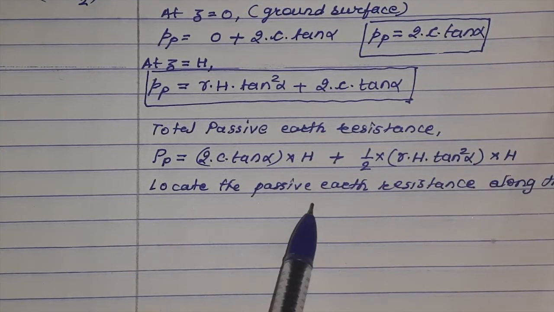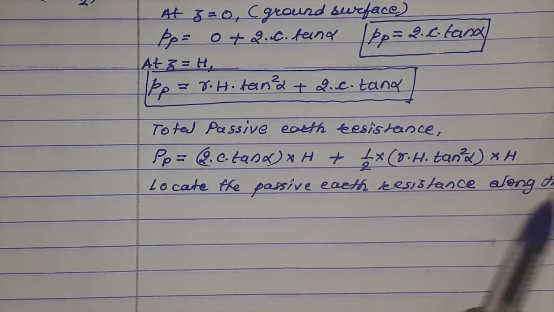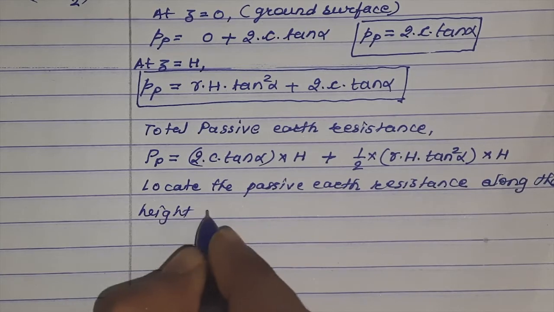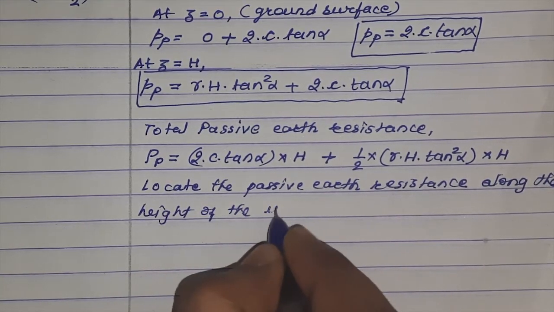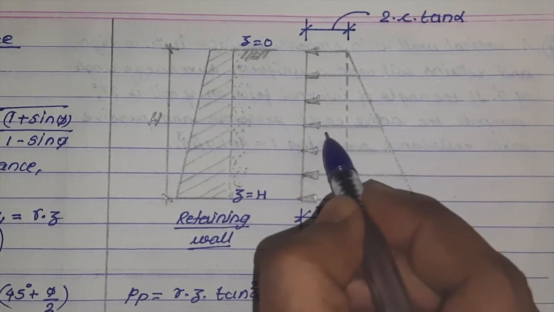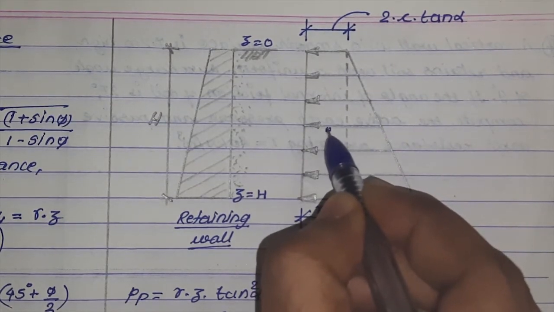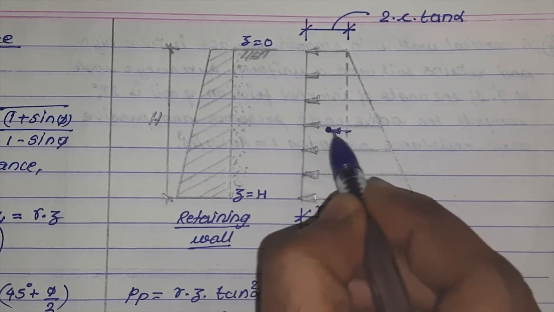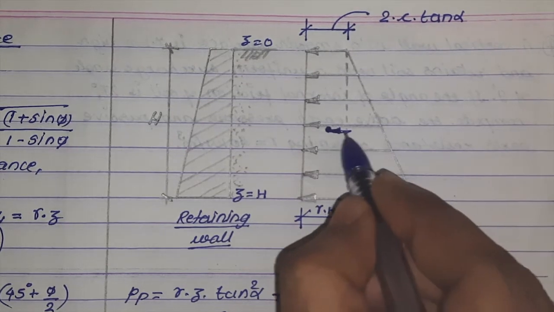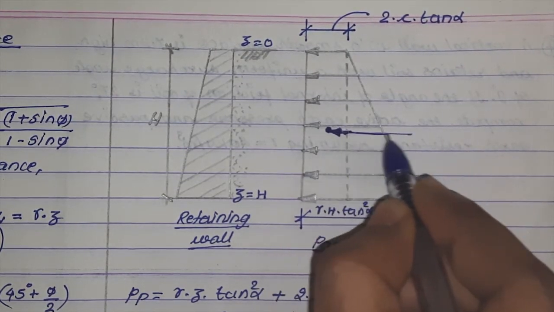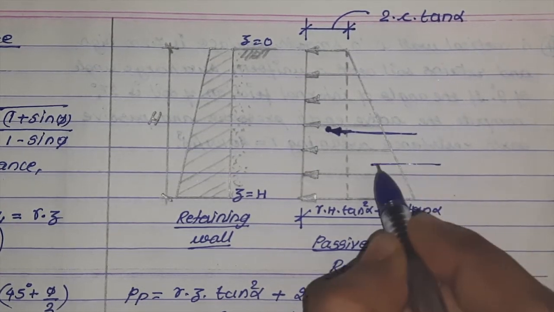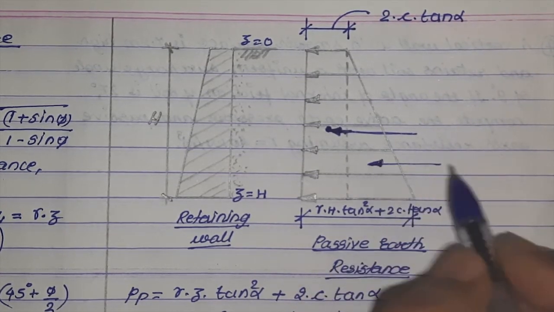Now, locate the point of application of the passive earth resistance along the height of the wall. For this rectangular distribution, the force will be acting somewhere at the center. This is for the rectangular portion, and for the triangular portion it will be acting somewhere over here at its CG.